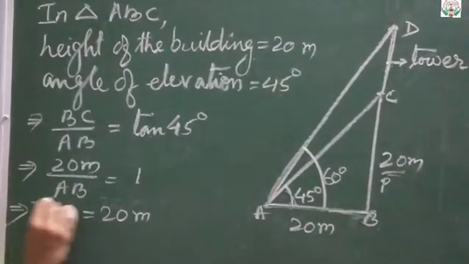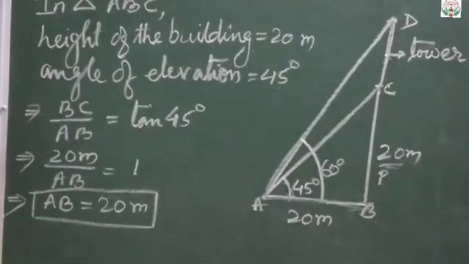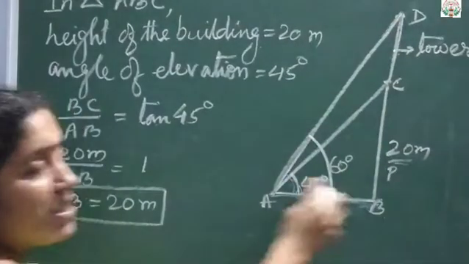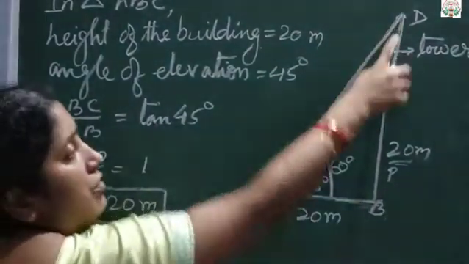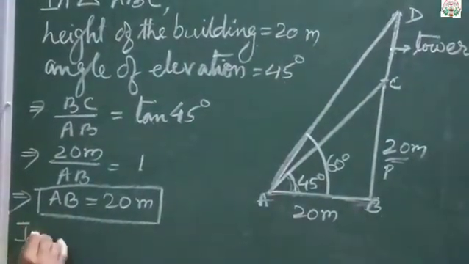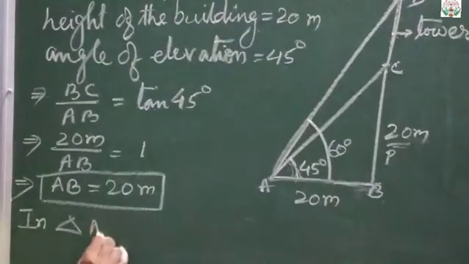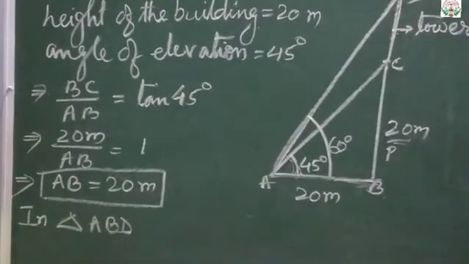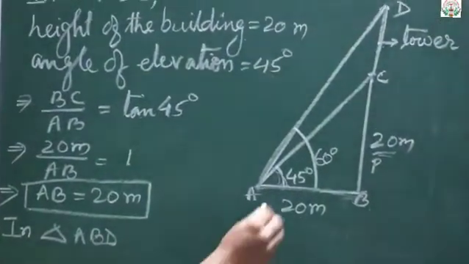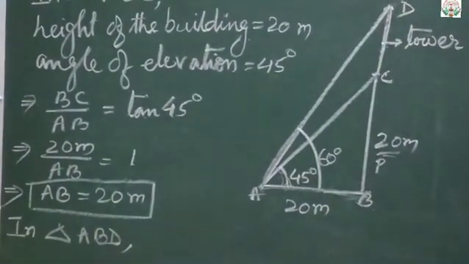Now the base is known to us, that is, AB is known to us. Now what we are supposed to find? The height of the tower. For that we need a triangle. Now in triangle ABD, that is A, B and D, AB is known to us.